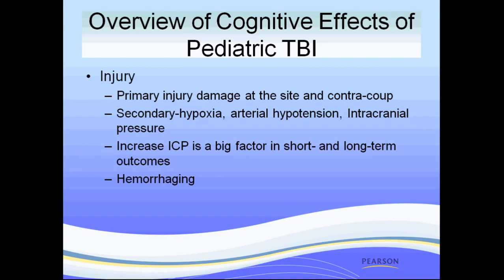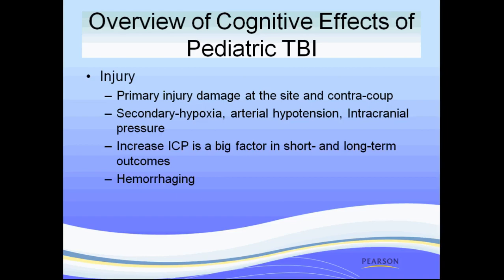Depending upon the force at which the person is hit, that can be minimal damage or rather significant. So if they're hit in the forehead, you're going to see some frontal lobe damage in the front, as well as parietal or occipital damage in the posterior portions of the brain.